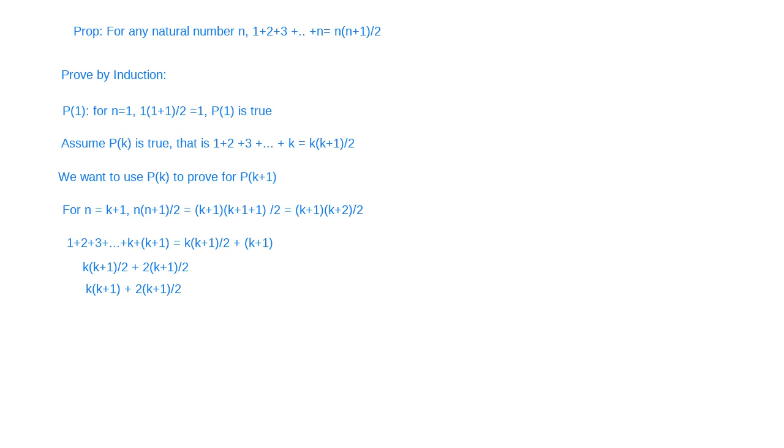The numerator becomes k times k plus 1 plus 2 times k plus 1. Both terms have a k plus 1 in them, so I factor out k plus 1. What's left for the first term? That's k. What's left for the second term? That's 2. Divided by 2. Now, bingo.